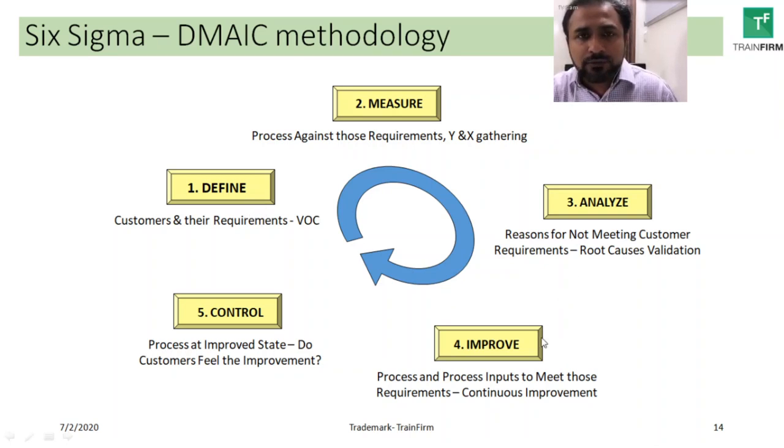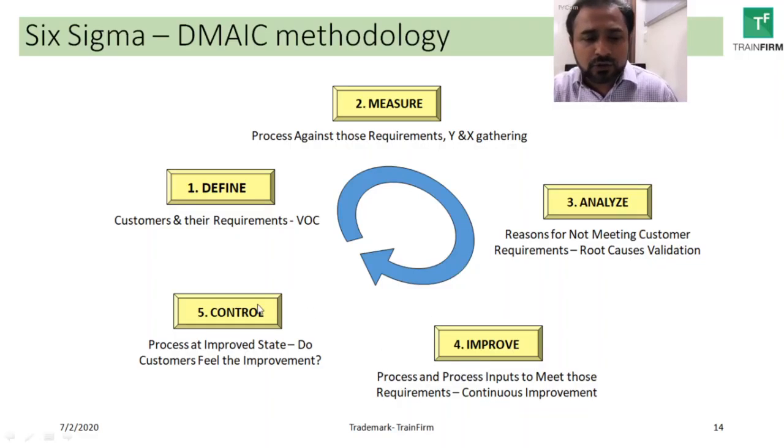So that's where you will find out the solutions. In Improve, you generate solutions and improve your process by deploying them. Okay, so after the Improve phase, you would see your processes getting better, your performance getting better, and it starts operating at the levels you want.